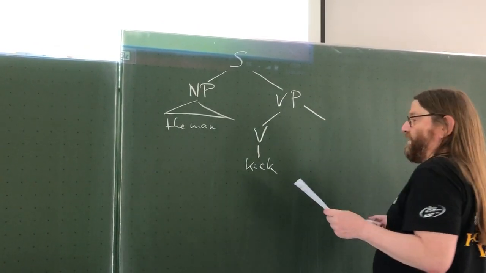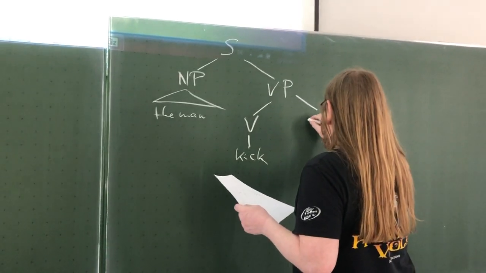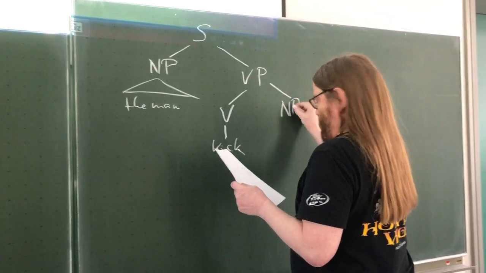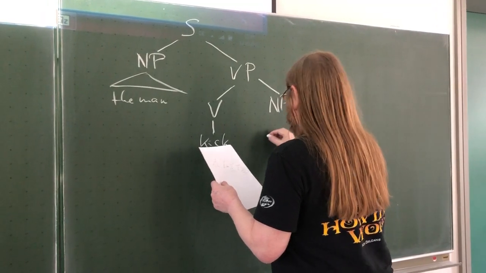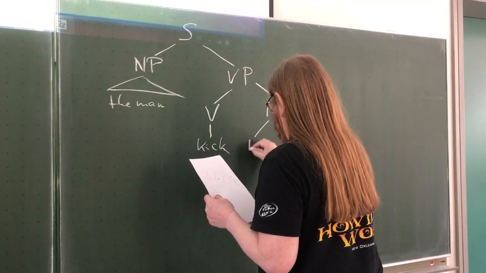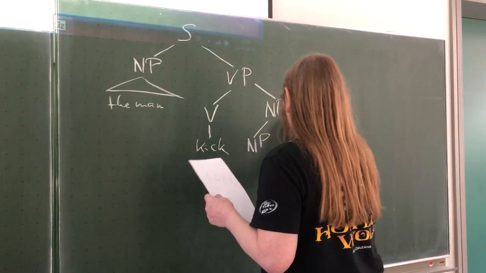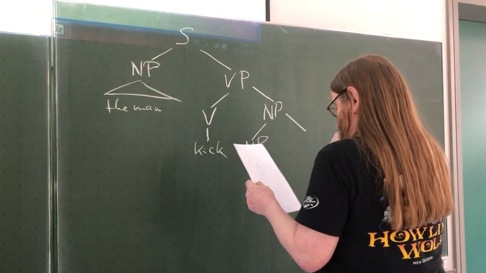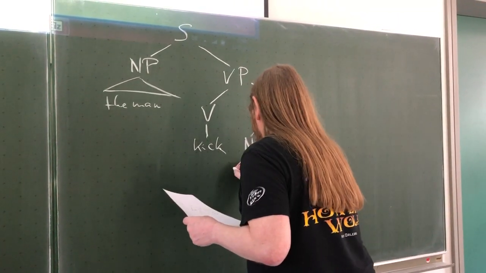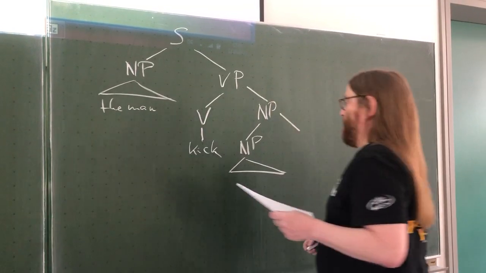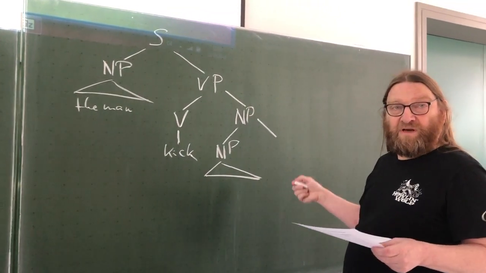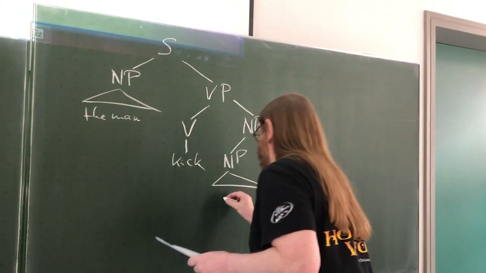And the verb phrase in turn consists of the verb and another noun phrase. In this example, I will be using a noun phrase with an adjunct.